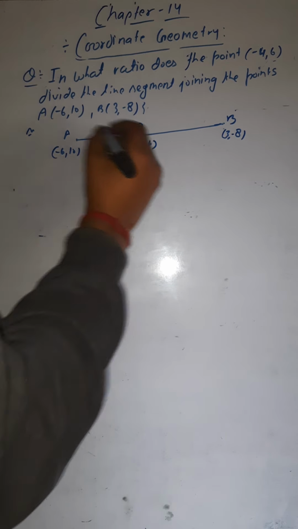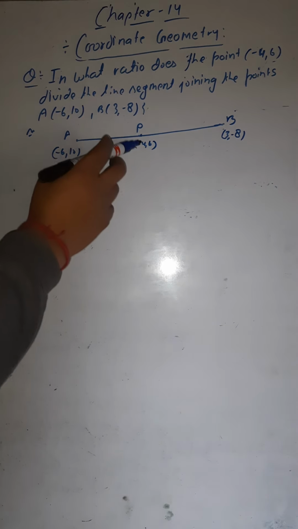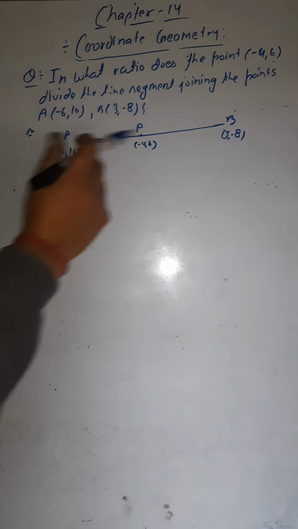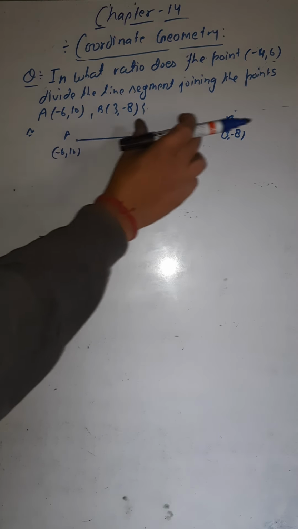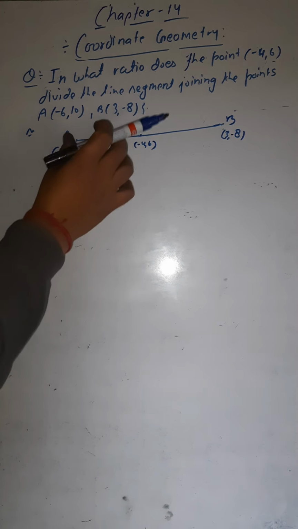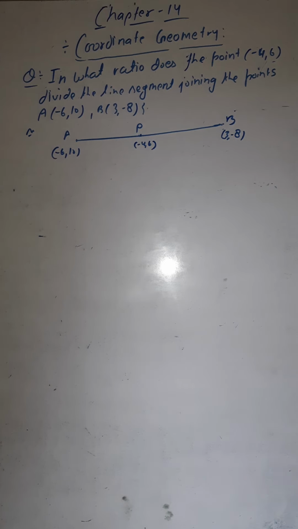Let's say the name of the point is P. The point is dividing this line segment AB, and here you have to find the ratio between AP and PB, that is the ratio m1 to m2. The coordinates of the point have been given, so again you are going to use the section formula, as we have done in the previous case.